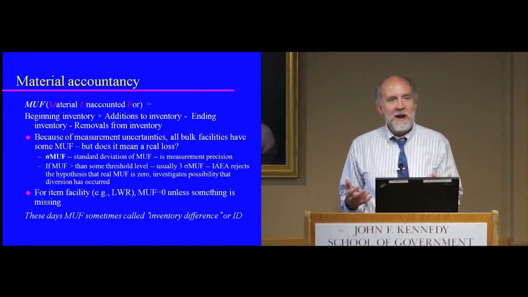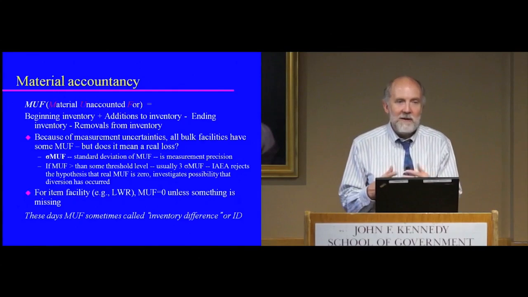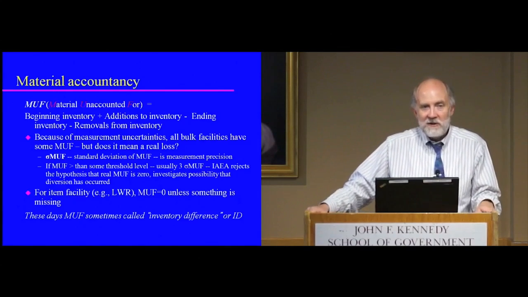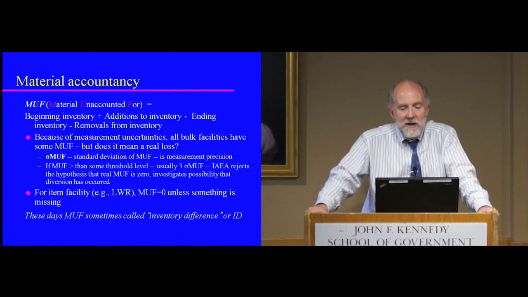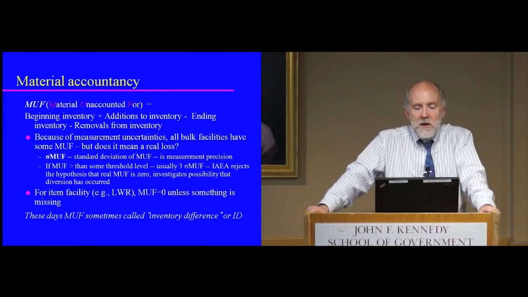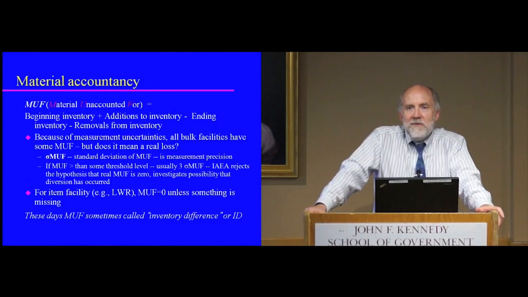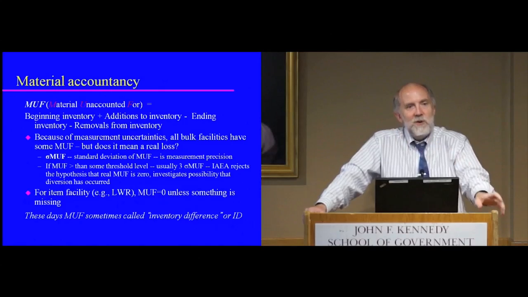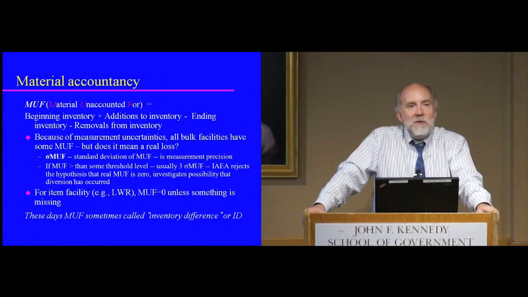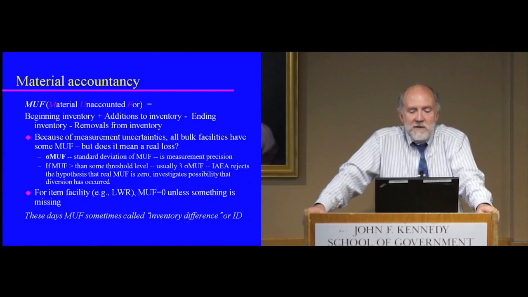It's the same thing with nuclear material, only obviously it's much more important to make sure that a few kilograms don't go missing. So when you have these uncertainties, these sort of wiggles in the measurement, the question is, is it just measurement uncertainty, or is there a real loss there?